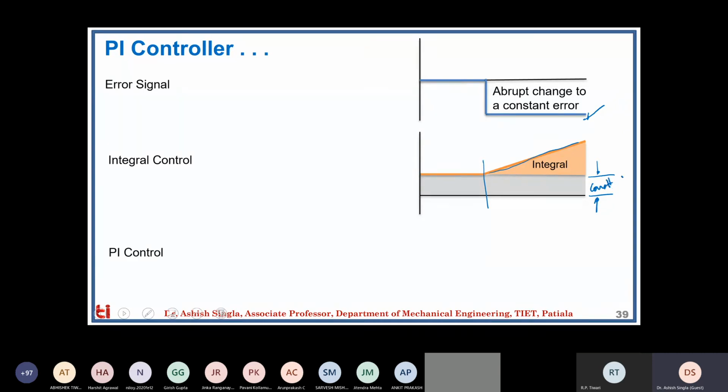And as compared to the PI control, we have this constant part, this is the proportional part because error is constant, and this is the integral part because error is cumulative. So here you can clearly see the difference between an integral control action and a PI control action, how the error will change.